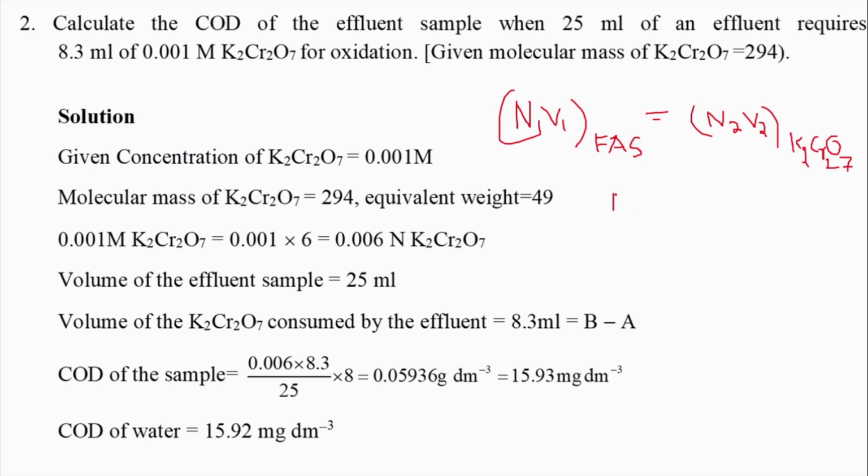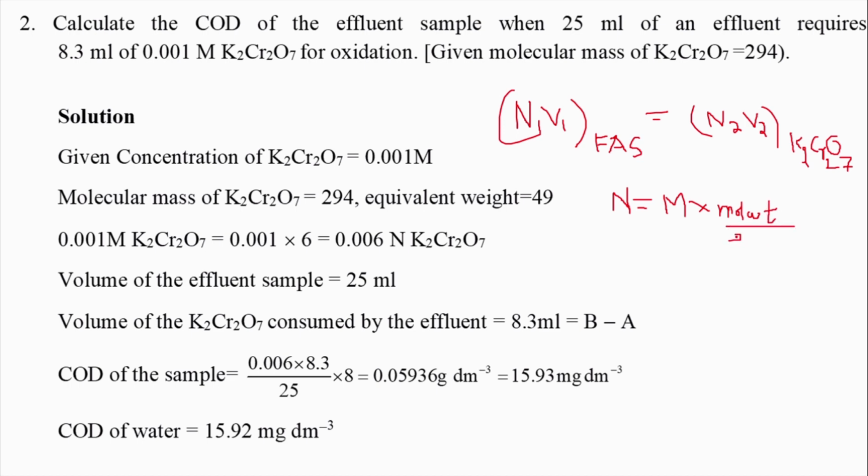It's not only for this problem, but for any problem. Normality is equal to the given molarity of the solution multiplied by the molecular weight of the salt, divided by the equivalent weight of that particular salt.